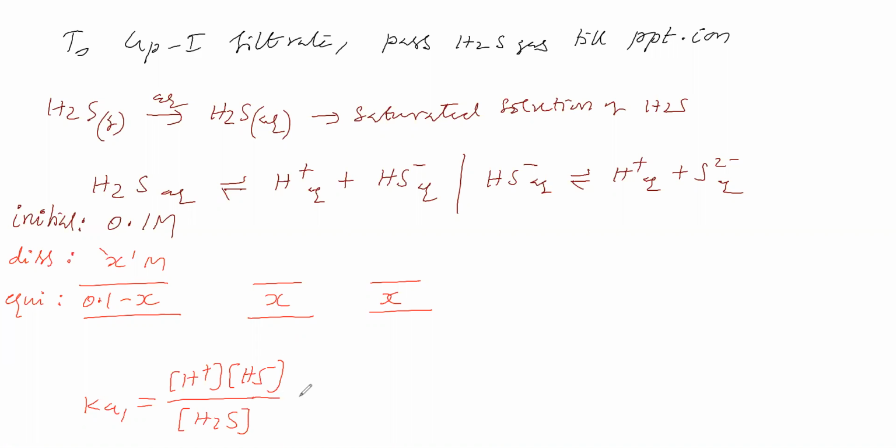Ka1 for H2S we get from experiment, that is 10 to the power of minus 7. The equilibrium constant tells the position of equilibrium.